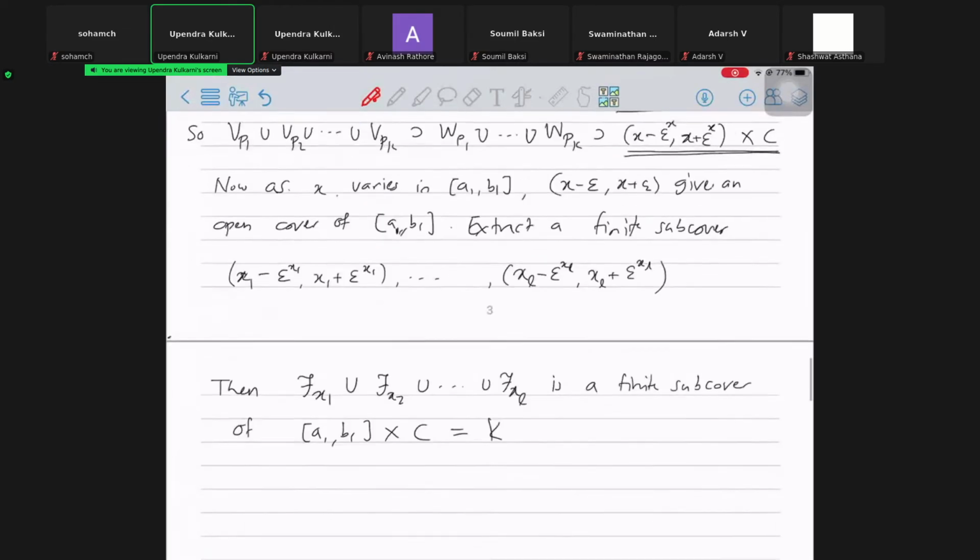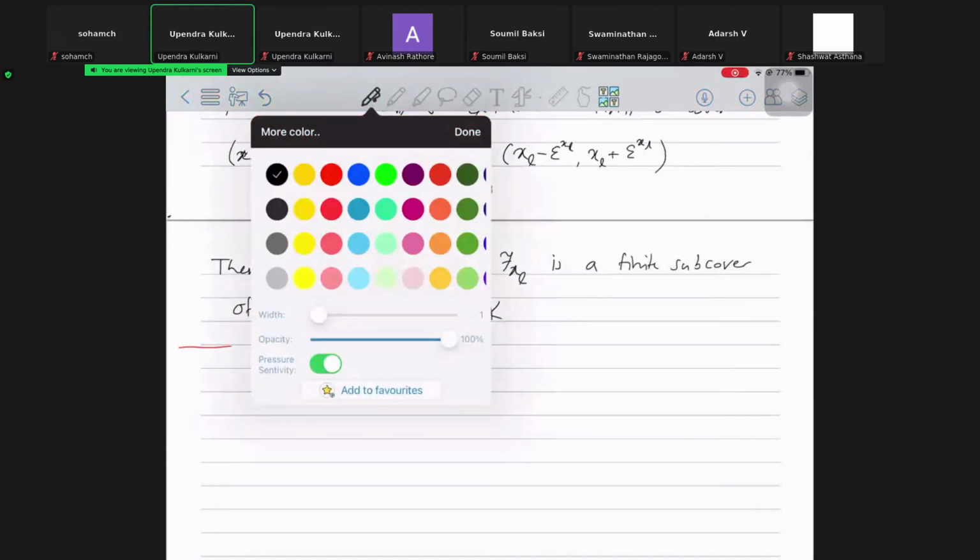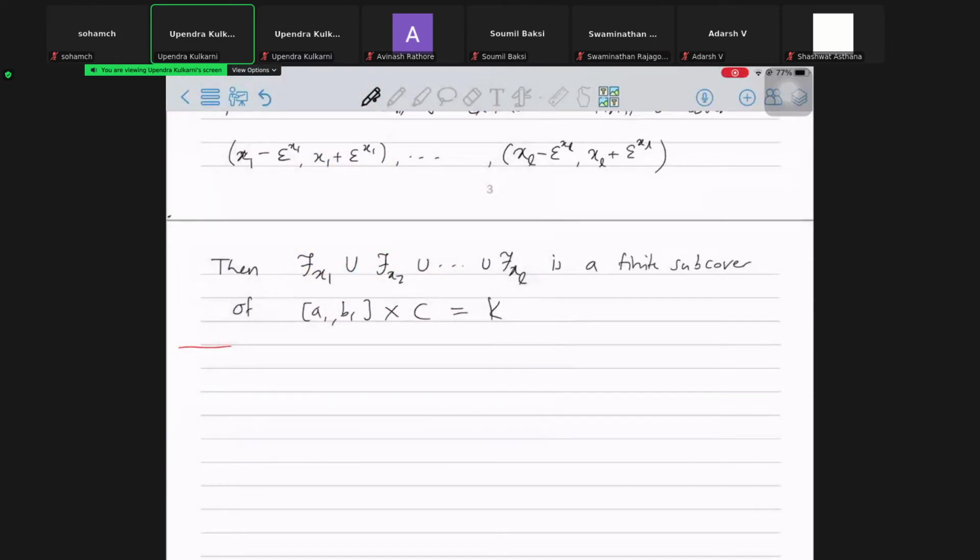So as an exercise, you can try to do the following. Exercise. Let us say that X and Y are topological spaces.